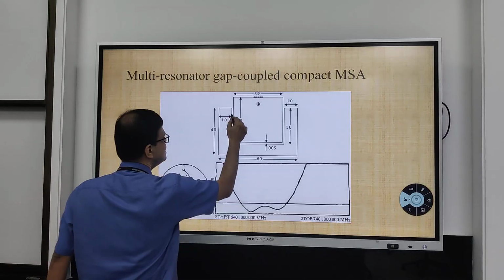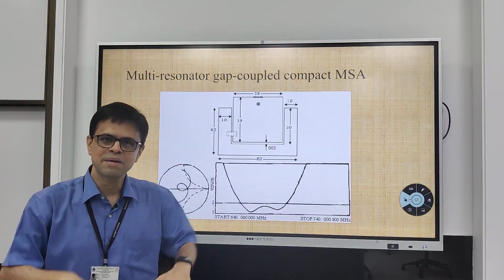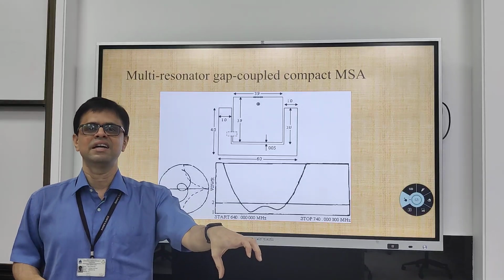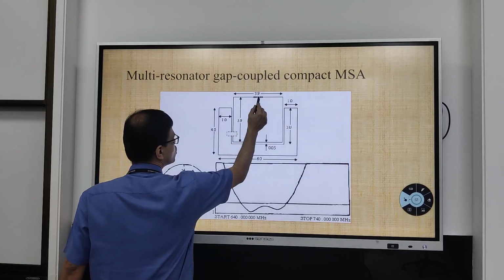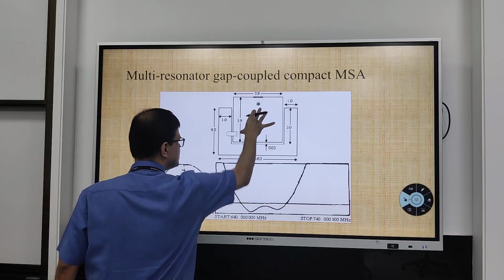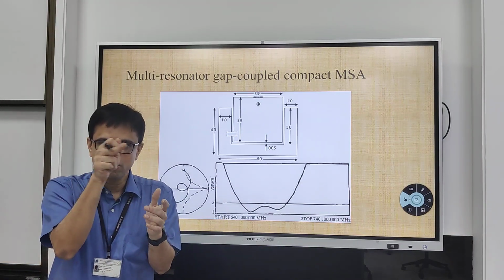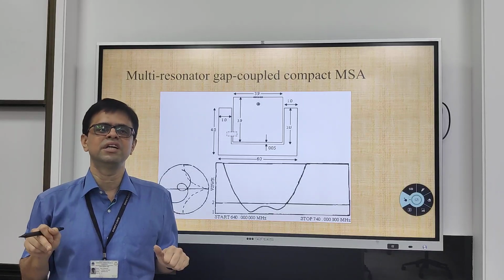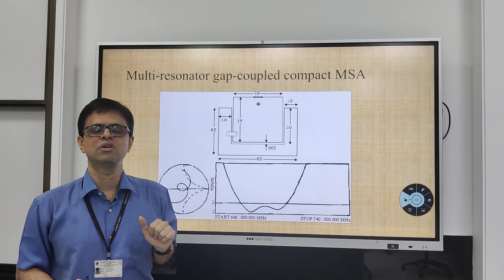Now inside this C-shape area, because that is an empty area, I can utilize that empty area to put another gap coupled patch which is also a compact design. So here I have used a shorted configuration which fits inside the empty area. Why shorted configuration? Because I can appropriately tune that shorting width ratio so that the frequency of this patch can be tuned to the frequency of this patch.